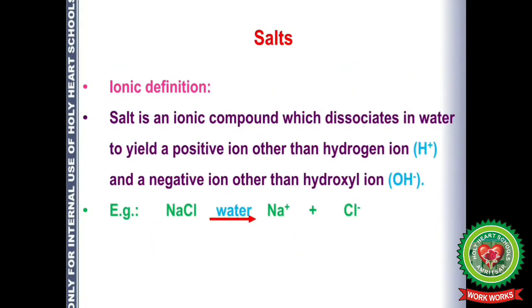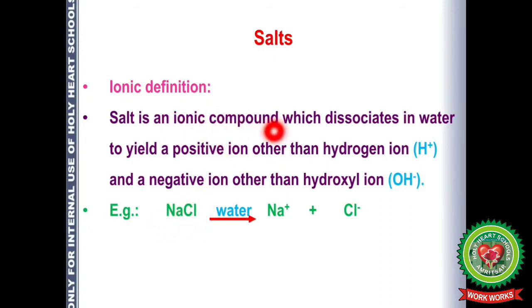Now let us discuss the ionic definition of the salt. Salt is an ionic compound which dissociates in water to yield a positive ion other than hydrogen ion and a negative ion other than hydroxyl ion. For example, sodium chloride. Sodium is a metal, chlorine is a non-metal.